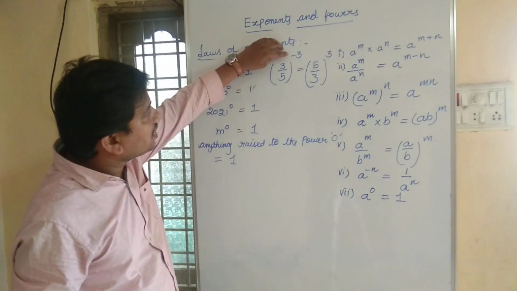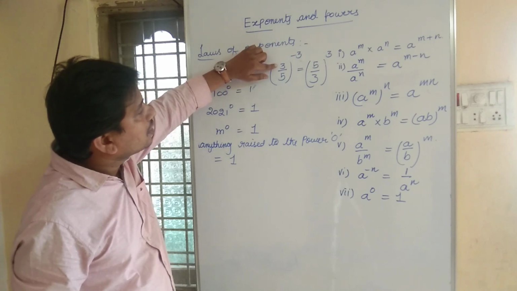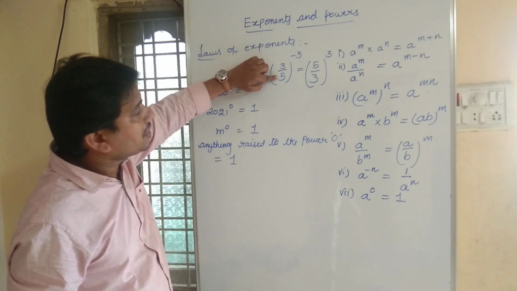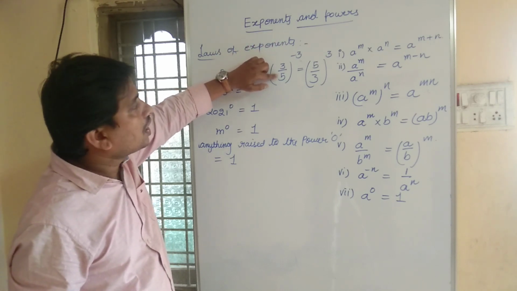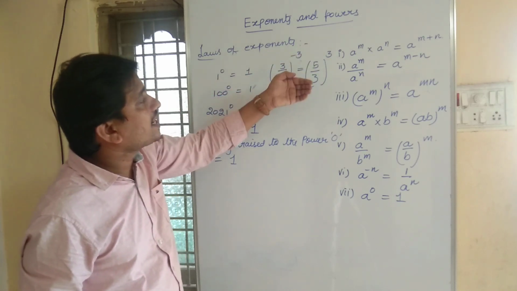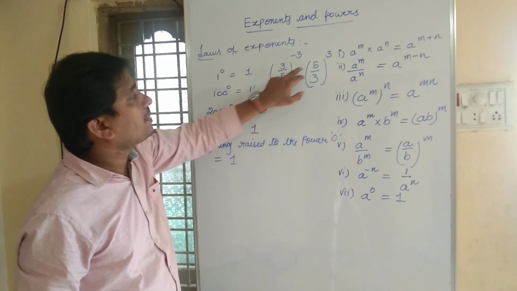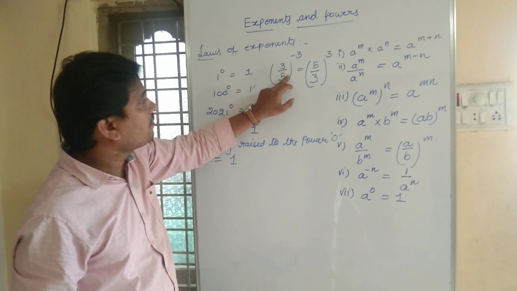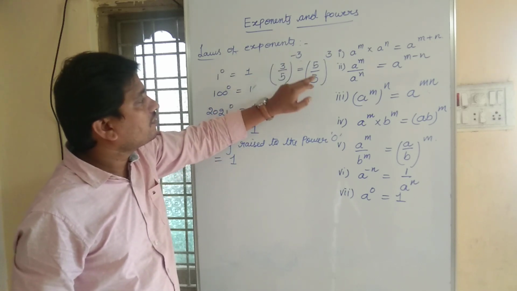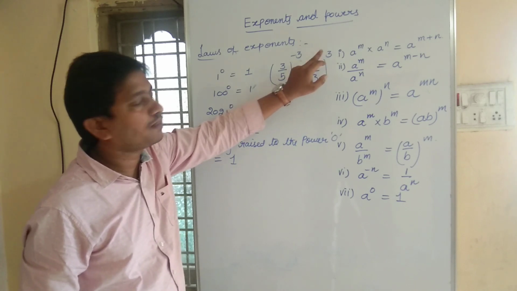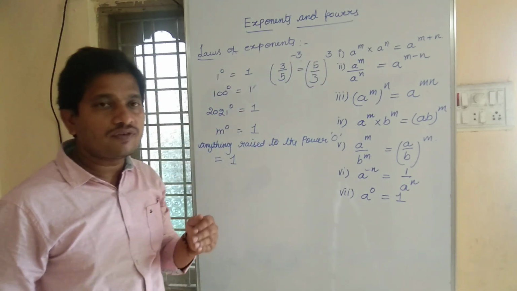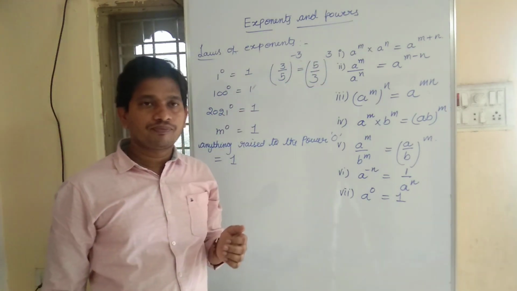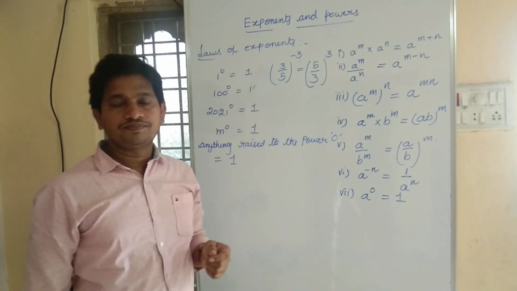Here the power is minus 3 when the numerator is 3 and the denominator is 5. Now it becomes plus 3 when the denominator becomes the numerator and the numerator becomes the denominator. So 3 by 5 whole to the power minus 3 we can write as 5 by 3 whole to the power plus 3, children. When we are solving numericals, it will be very useful.